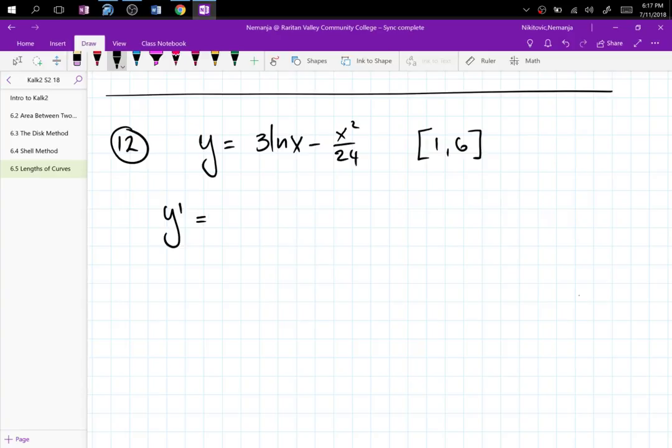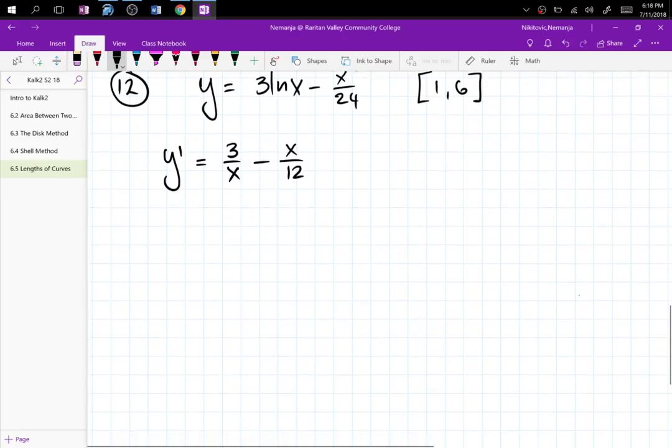So derivative of ln x is 1 over x, so this is 3 over x, minus the derivative of x squared is 2x, so this becomes x over 12. Right, because 2x over 24, so it's x over 12. Great.